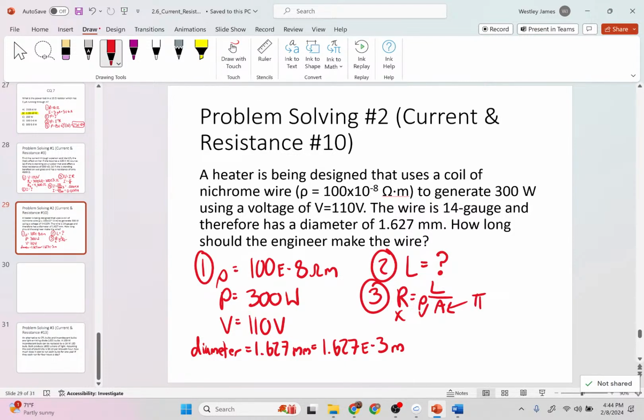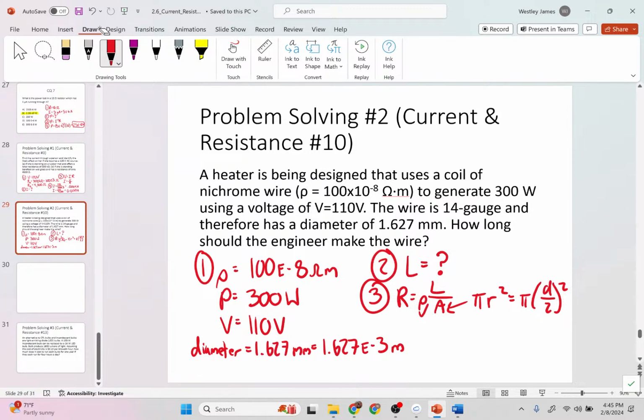All right, so that equals pi r squared, and we go, well, I don't have radius. And then you have to realize, oh, I got to do diameter divided by 2. All right, so cool. So we can calculate the area. We know the resistivity. We just got to figure out this R. So we ask ourselves, based on what's given, resistivity, power, voltage, diameter, how can I find R?